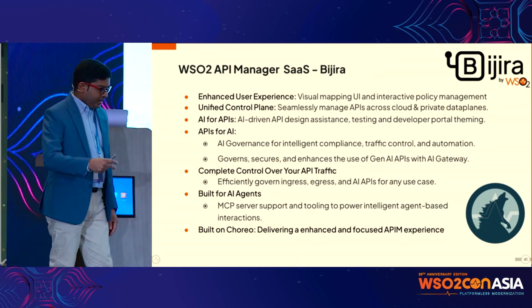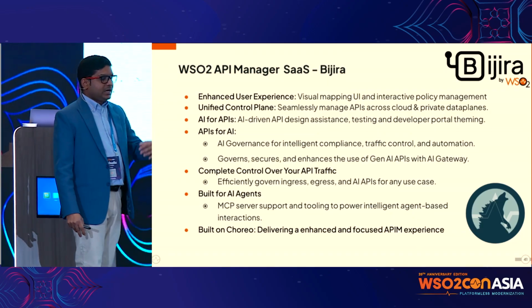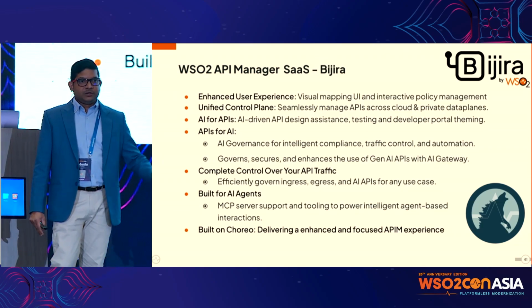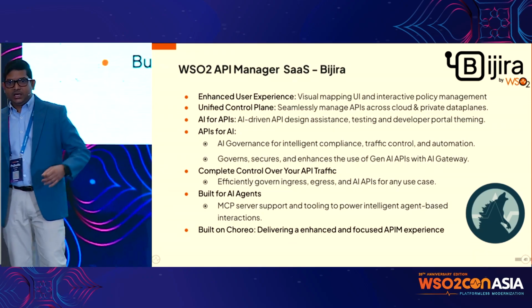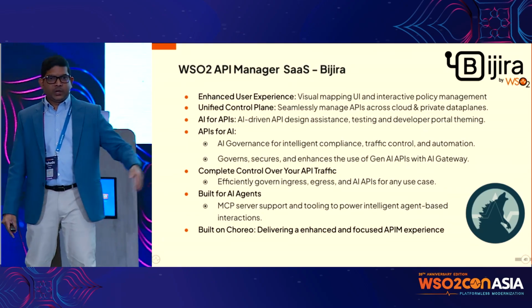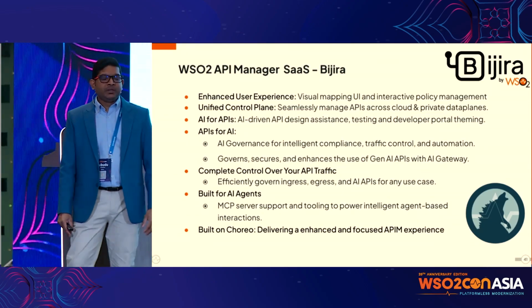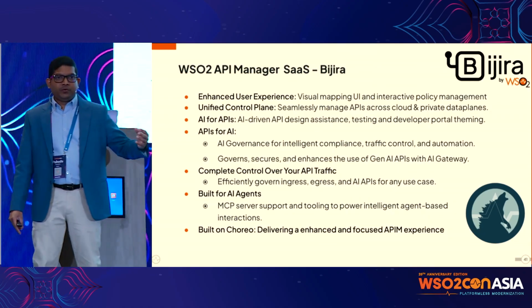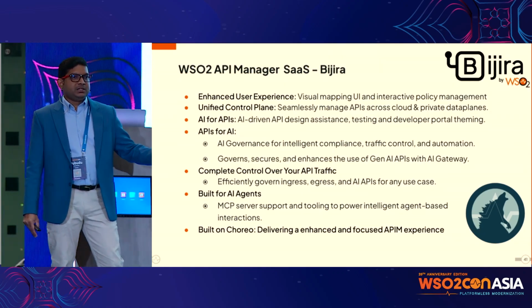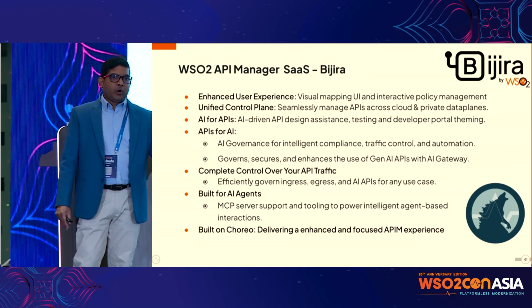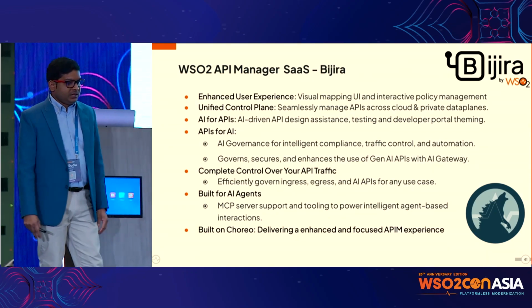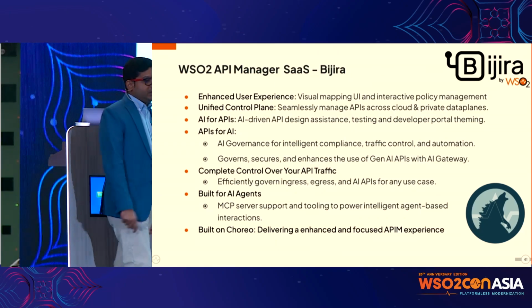So this unified control plane, we are extending that to bring the support for API gateway federations, where we have the AWS gateways, Kong, or whatever gateway you want to run. And then also we are extending this to manage and govern all your on-prem gateways as well. So this is one of the key aspects we are looking at here.